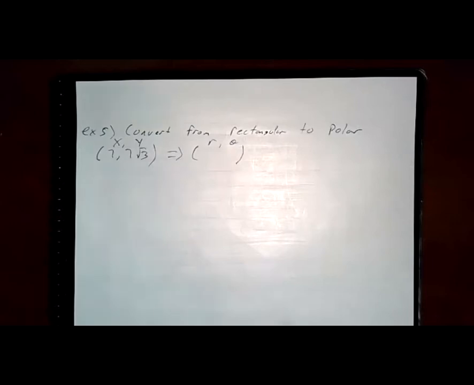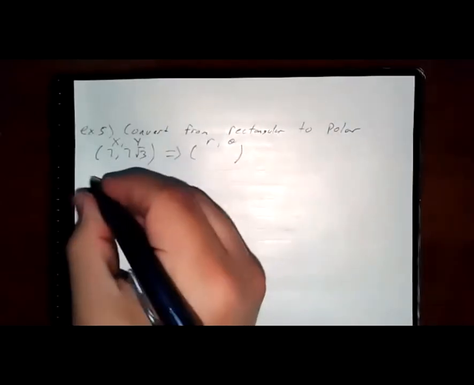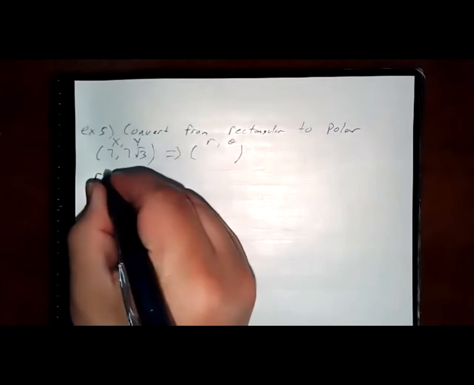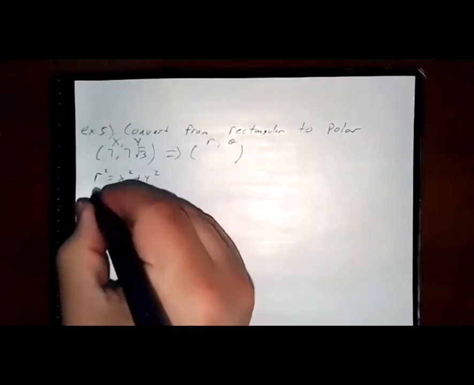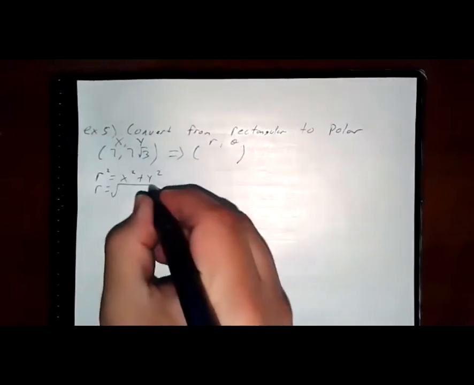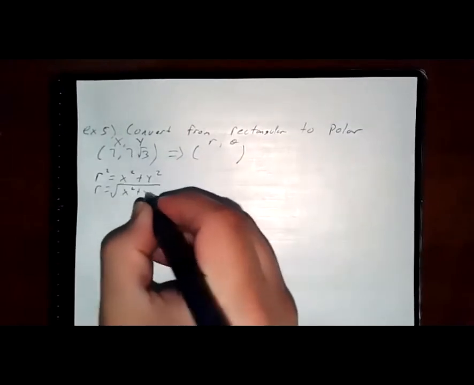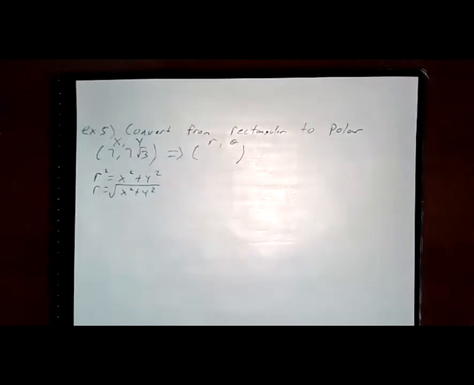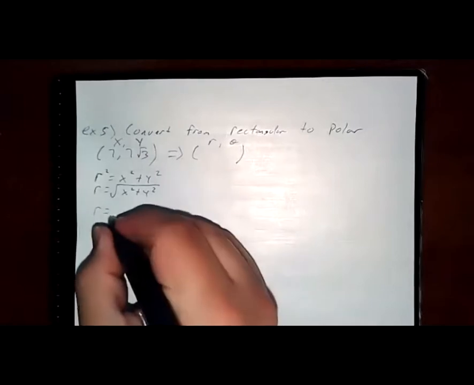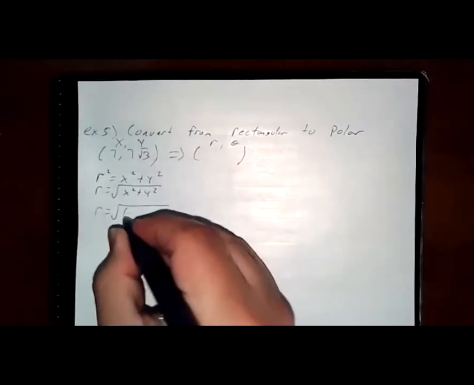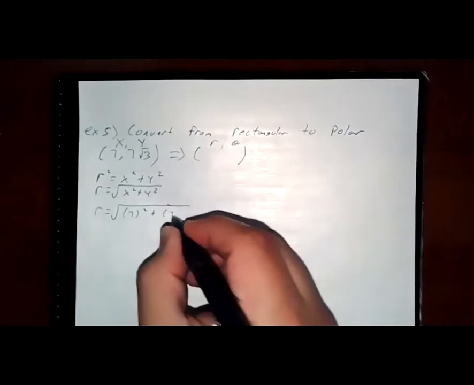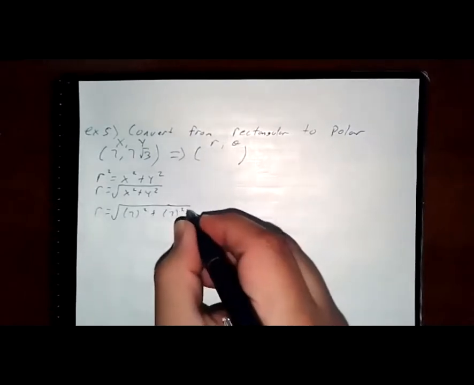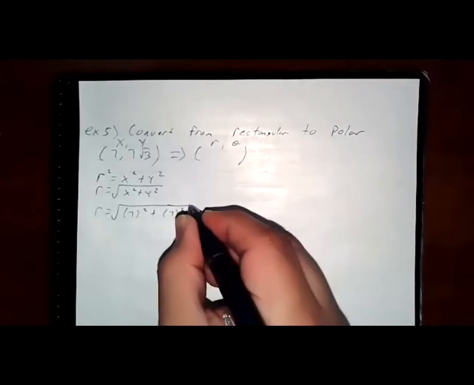All right, so we know the formula for r squared, right? R squared is equal to x squared plus y squared, which means that r is equal to the square root of x squared plus y squared, right? We'll just plug in the x and y that were given. So r would be equal to the square root of 7 squared plus 7 squared times square root 3 squared.